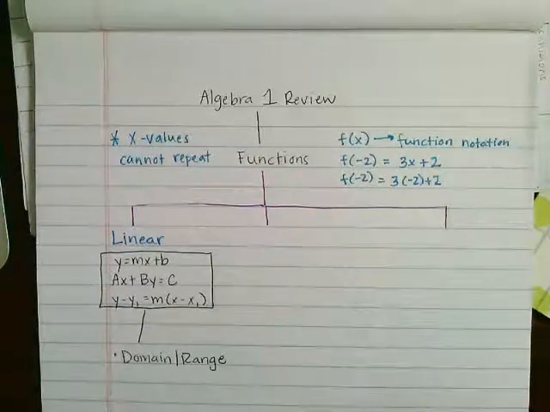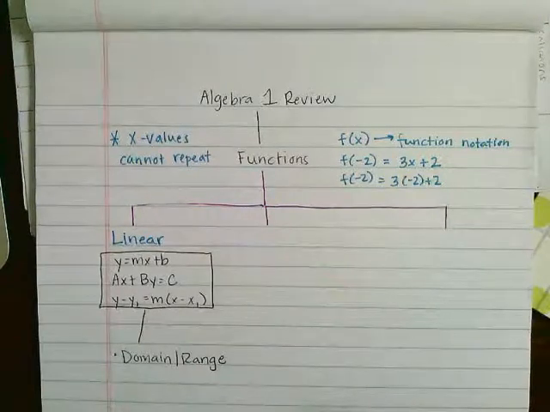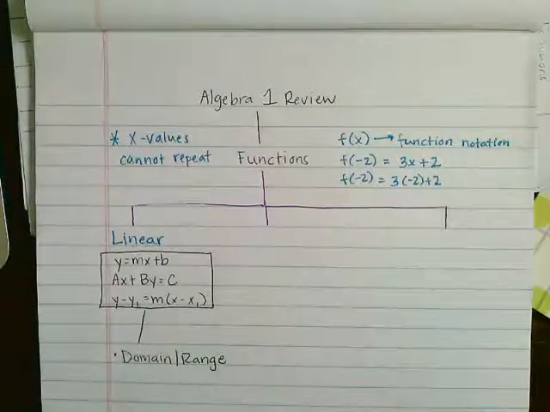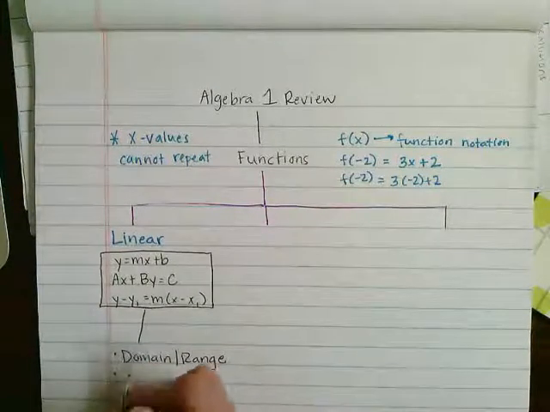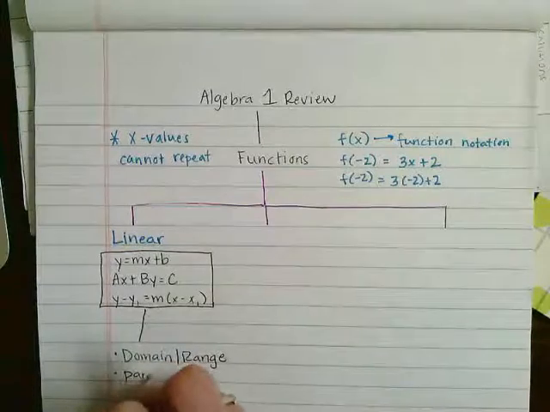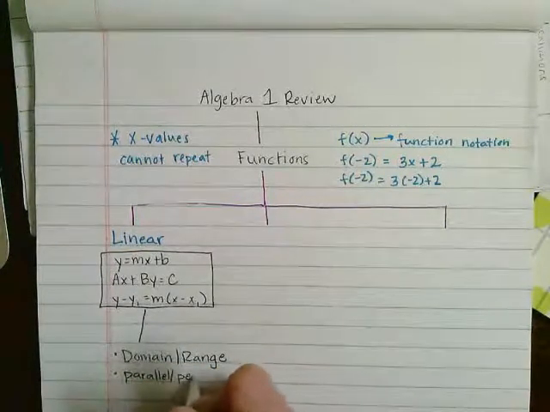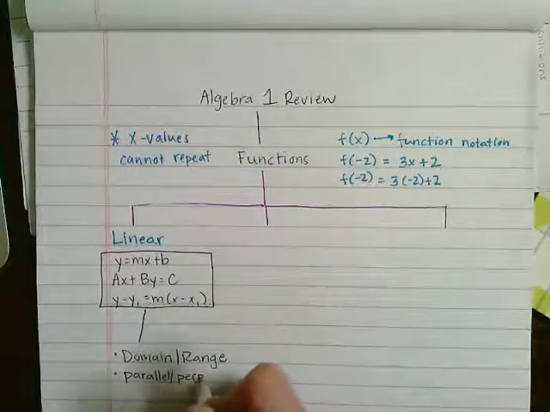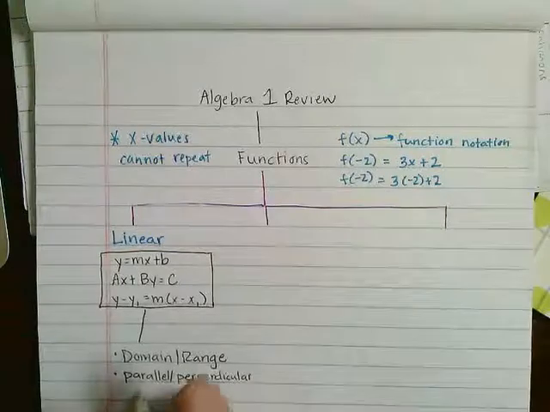That can be within domain and range. You've got interval notation, and you also have using inequalities. We've done this many times. Hopefully you feel confident in that. And then you also have parallel and perpendicular lines.